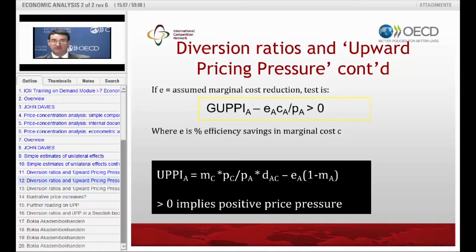If the UPI is positive, then, in this very simple modelling framework, the firm has an incentive to raise prices post-merger. And of course, you can calculate upward pricing pressure in the other direction too, to work out whether the merged firm has the incentive to raise prices at C once it's merged with A.